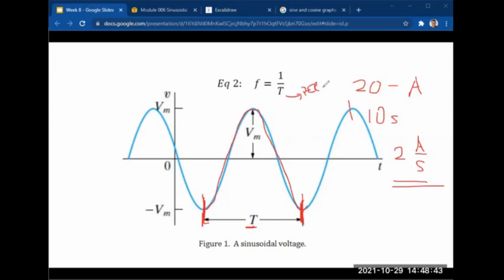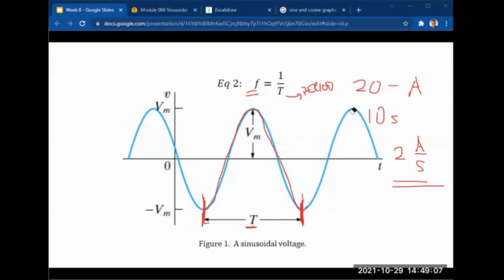Period is the time it takes to complete one cycle or one revolution of our sine wave. Frequency is how many revolutions our sine wave can make in a certain period of time, like for our example on the letter A's earlier.